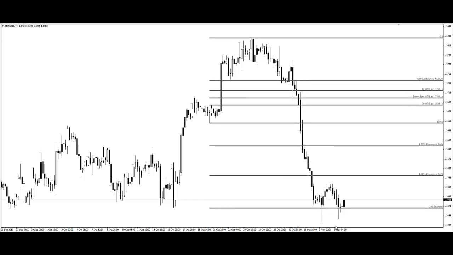Now we did wick through it a couple times, getting a small little reaction here, but this is the overall price swing, and it broke down. Here is the 127 easily reached, 162 easily reached, and then went down below these market structure lows over here.